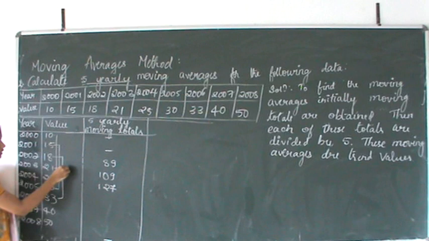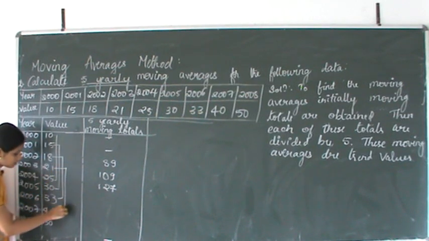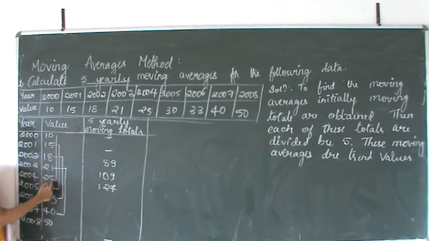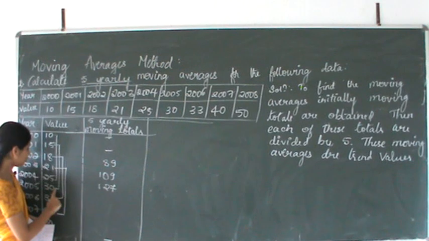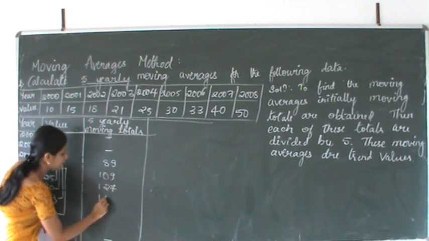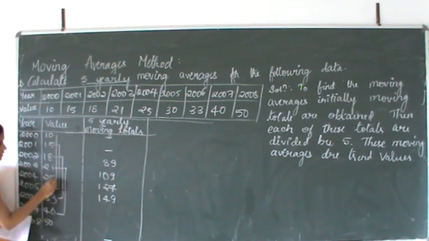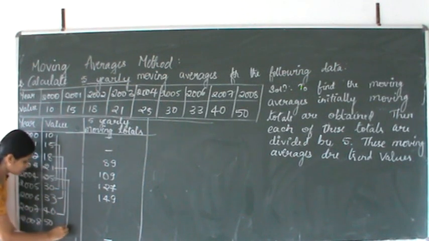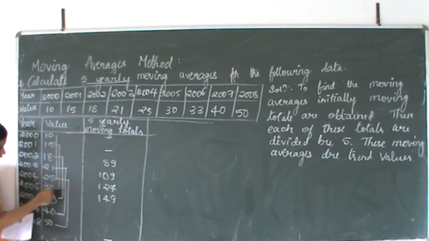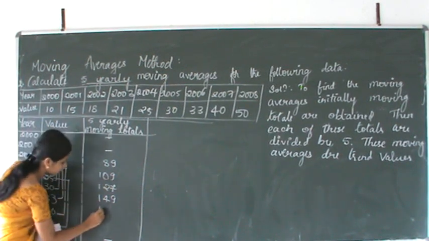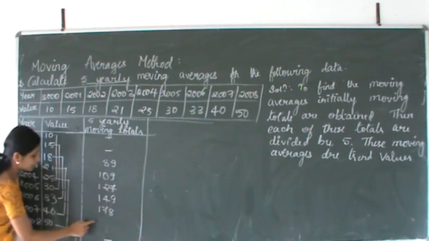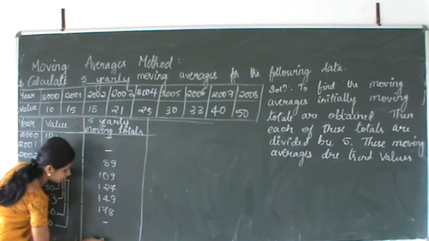Next, starting from the fourth year, 21 plus 25 plus 30 plus 33 plus 40 is 149. Next group will be 25 plus 30 plus 33 plus 40 plus 50. The answer is 178. Next two lines will be blank.